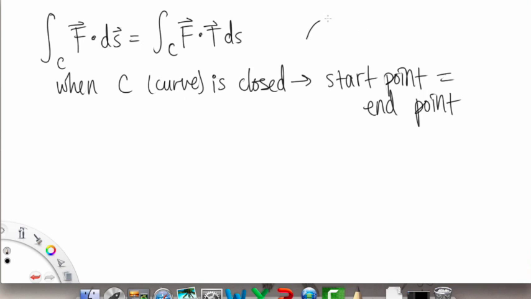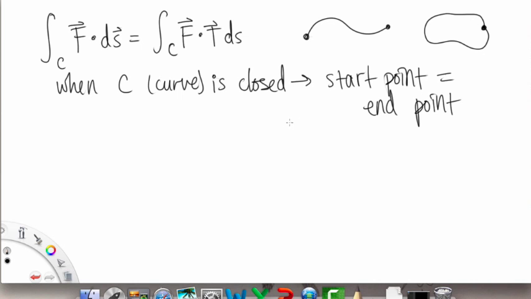An open curve would look like this, because start and end are separate. But for a closed curve, let's say here's your start, and then you go around and you end up at the same spot. So this is a closed curve. As you can see, it encloses a space.